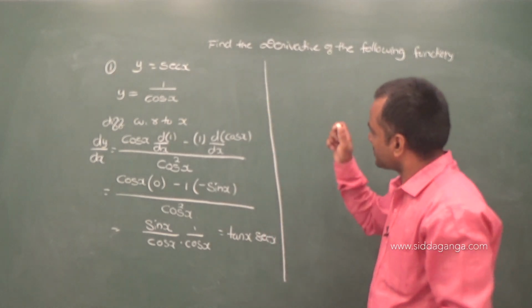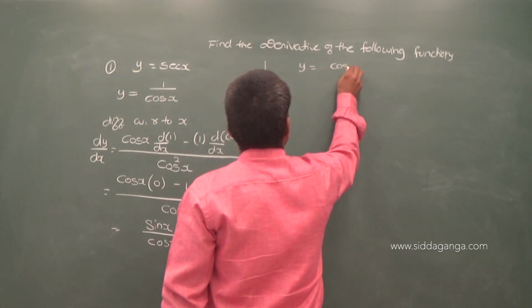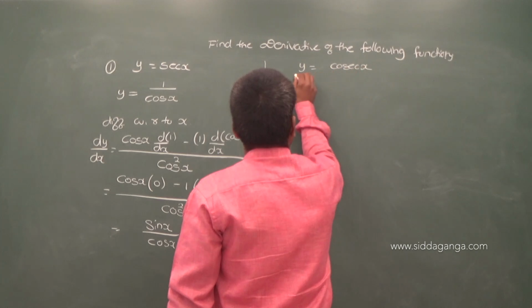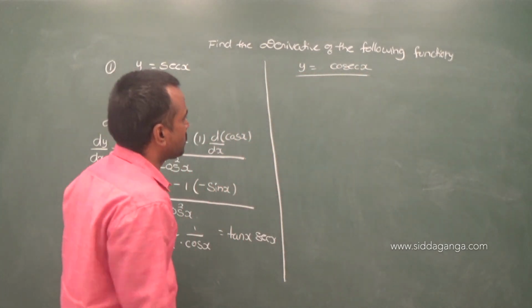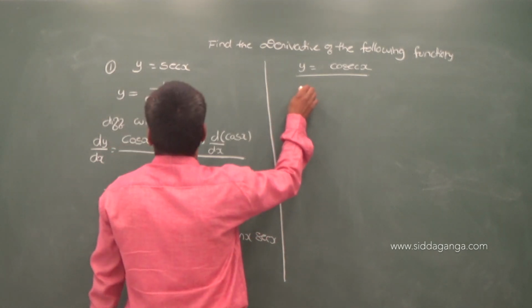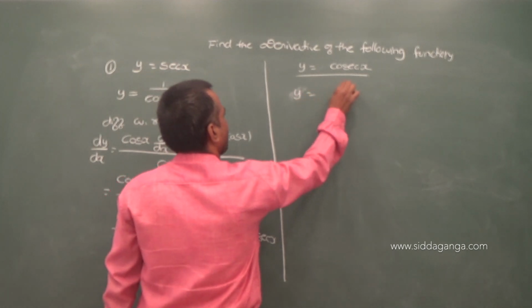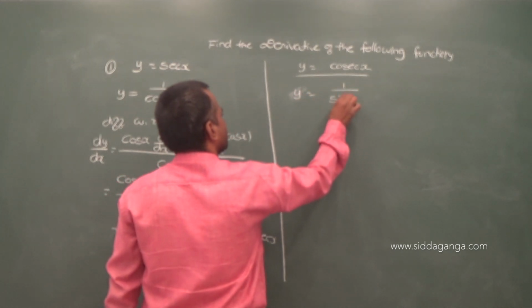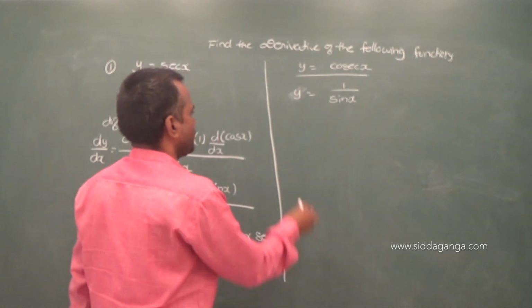Okay. So same method: y is equal to cosecant x. Y is equal to 1 divided by sin x.